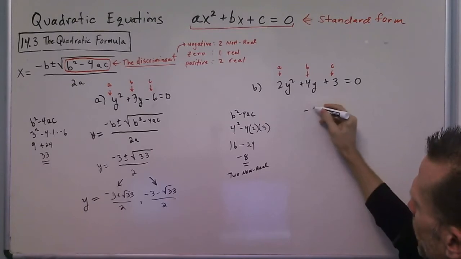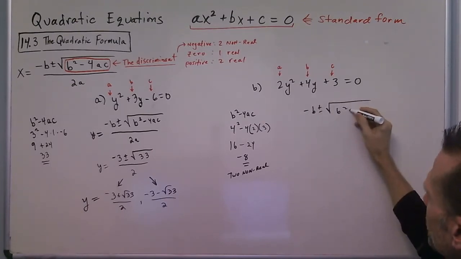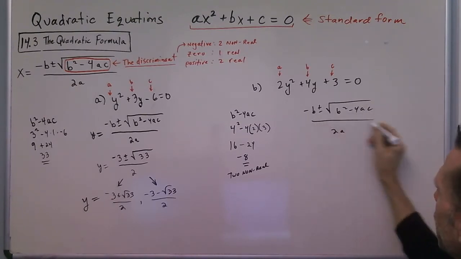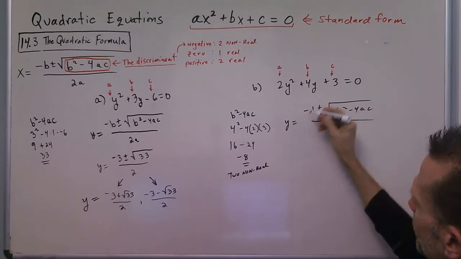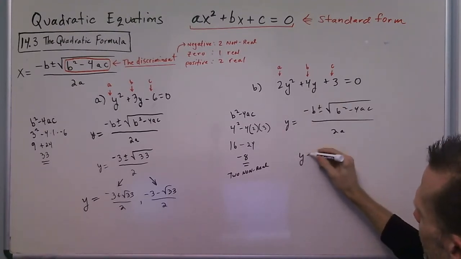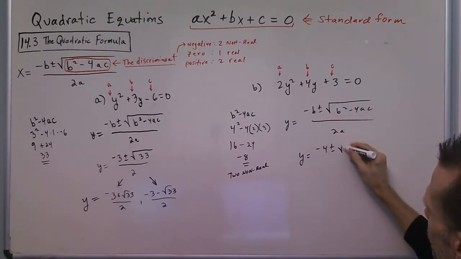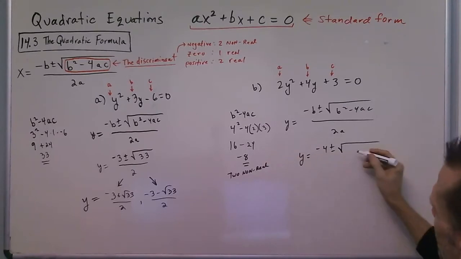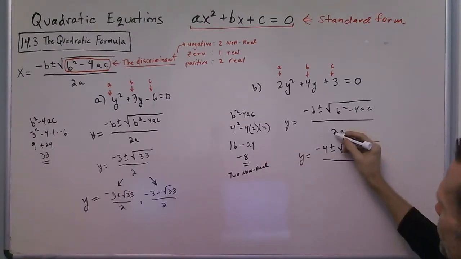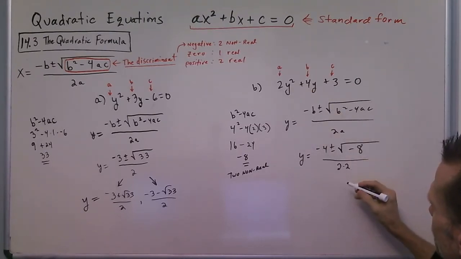So working through the quadratic formula: negative b plus or minus the square root of b squared minus 4ac over 2a. Remember, it's all over 2a, and since our variable is y, we'll put y equals. So I have y equals negative 4 plus or minus the square root of, well, we already calculated that, it was negative 8, over 2 times 2.